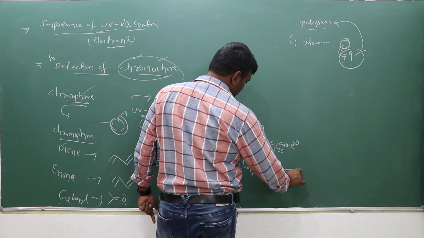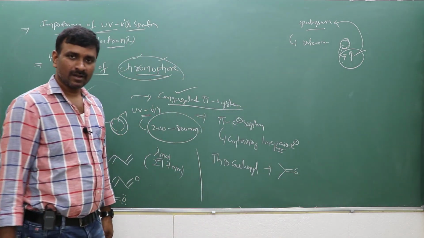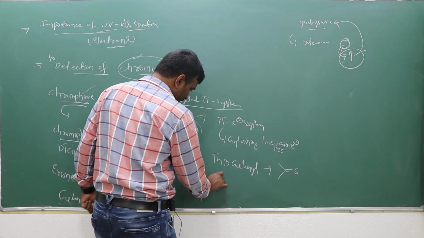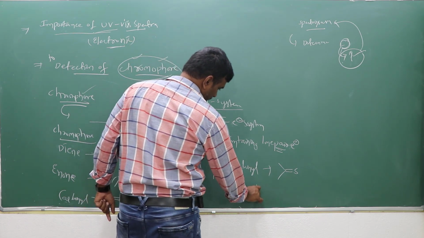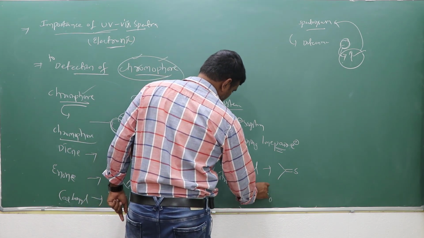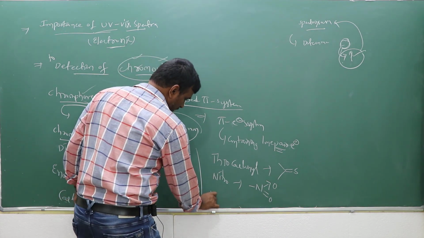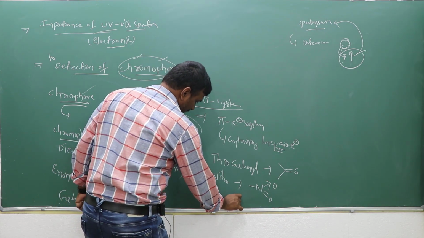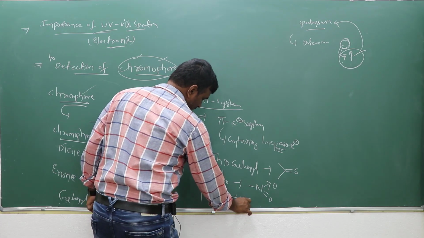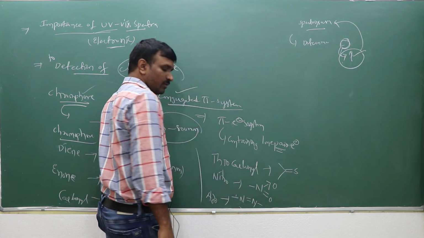Thiocarbonyl, C double bond S, is a chromophore. Nitro is also a chromophore. Nitroso is also a chromophore. Azo is also a chromophore.